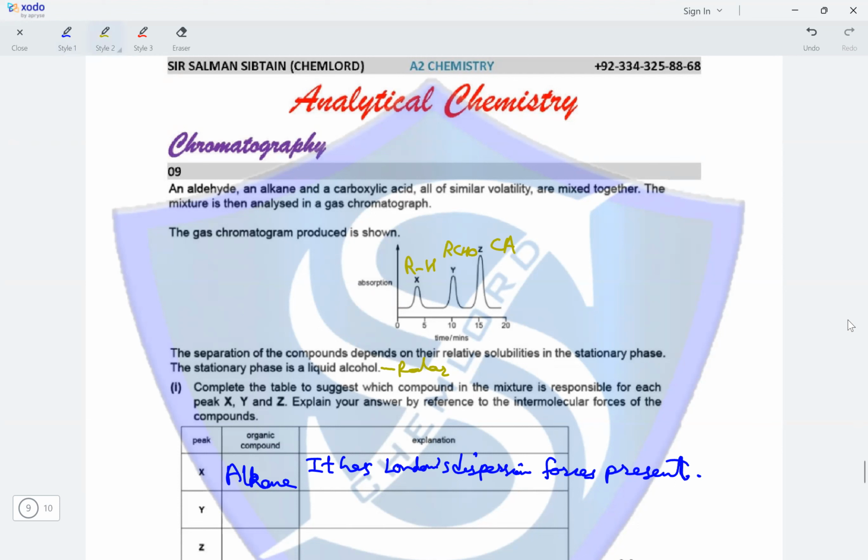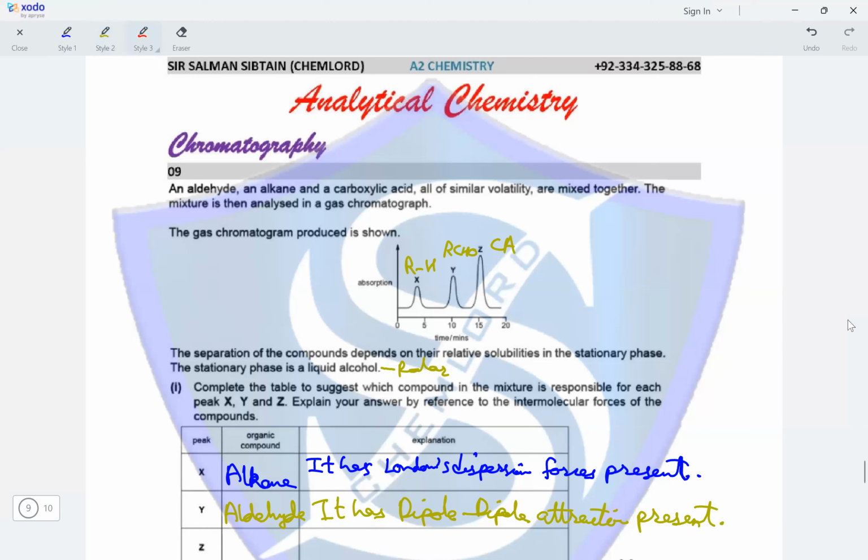Next, we would have compound Y, which is the aldehyde, as it has dipole-dipole attraction present, which is a stronger intermolecular force than the London dispersion forces.